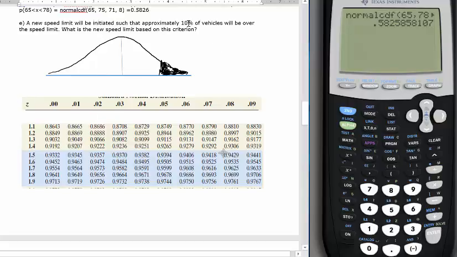10%. Remember, probability is an area under the curve. Now the question is this 10% gonna be to the right of the curve where I shaded, or to the left? Why didn't I shade to the left? Because it's 10% here. Well, over the speed limit means you'll be going over the average, which is right here. So definitely you're gonna be on the right because it's gonna be a high number.